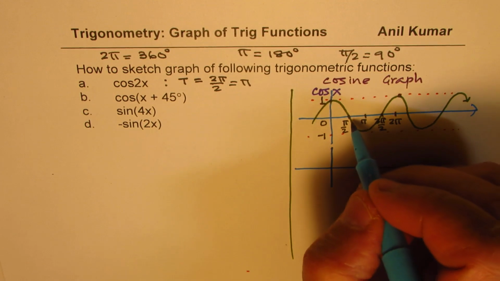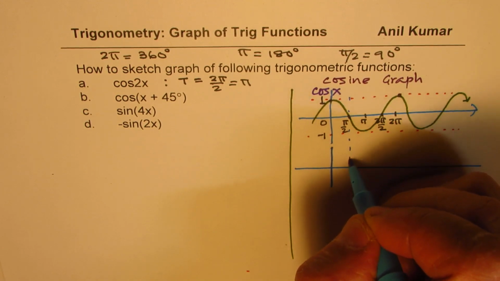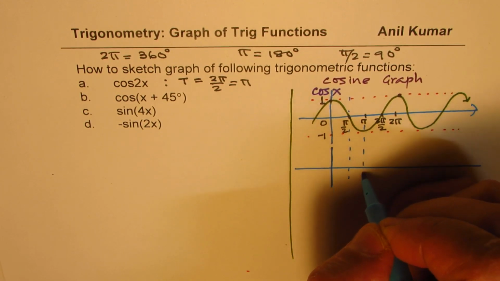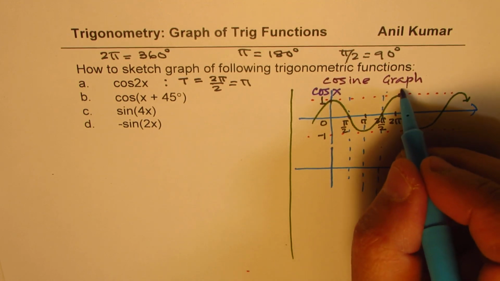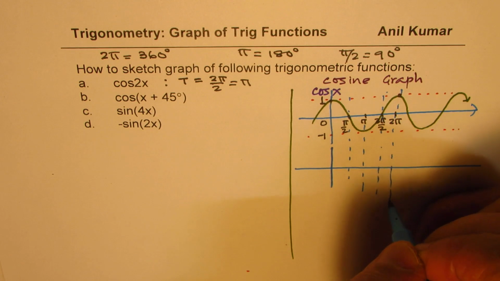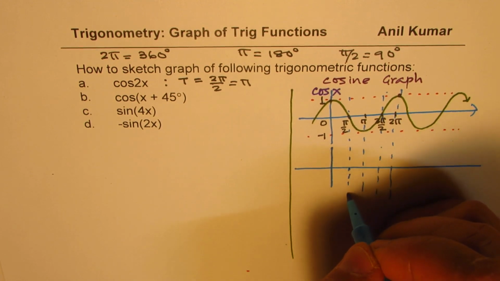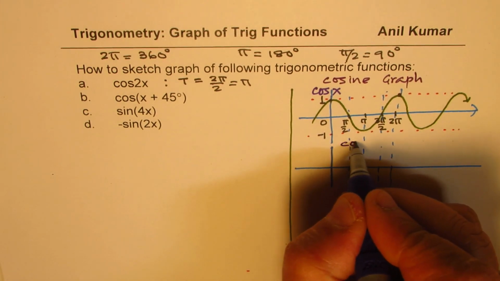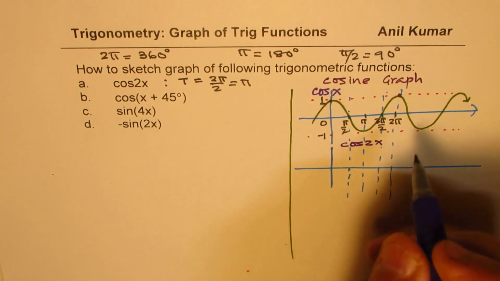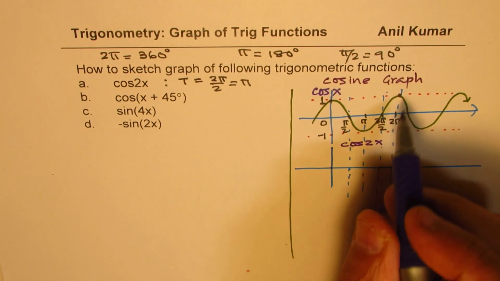Now what basically happens is, this is your one cosine wave. These are four different parts, basically positions in 4 quadrants. Is that okay? What really happens is, when we say cos of 2x, we have 2 waves within this period instead of 1.